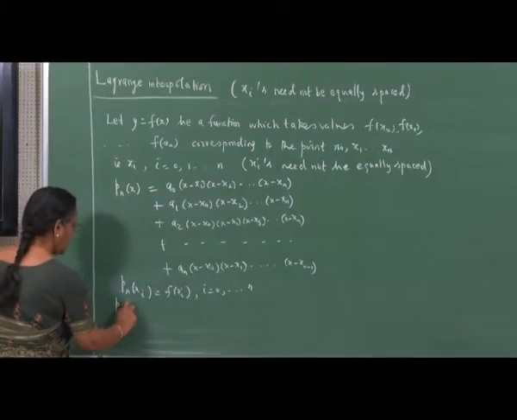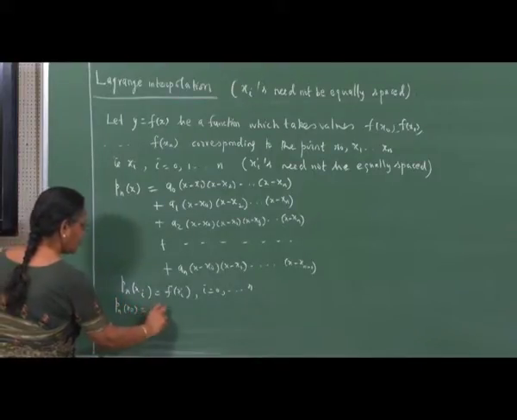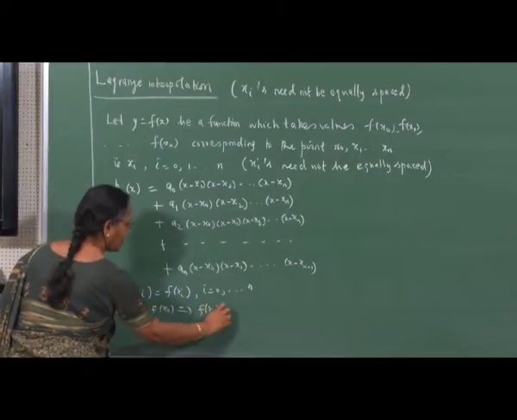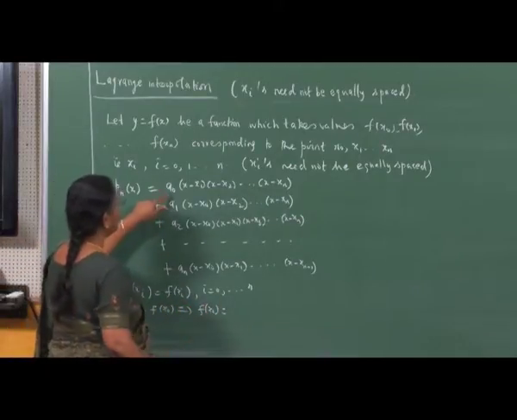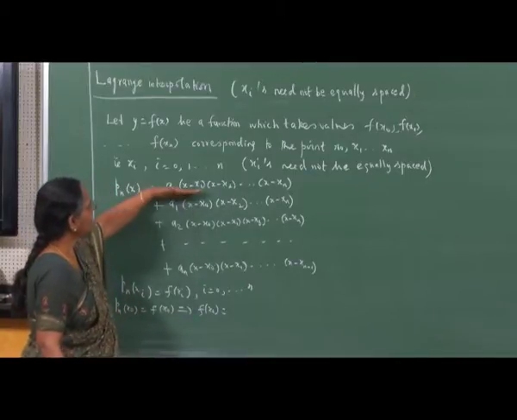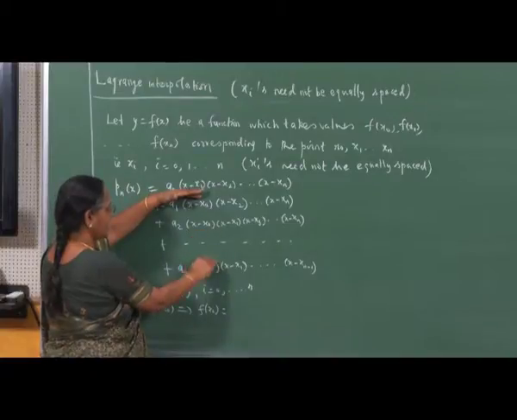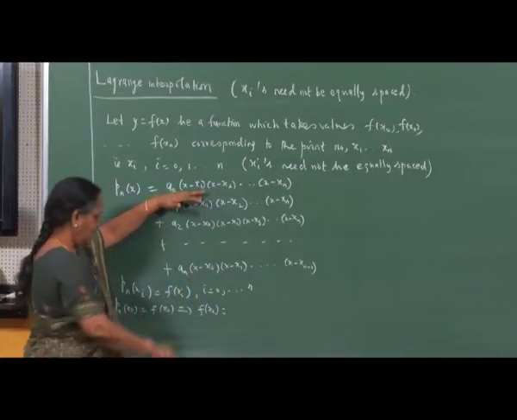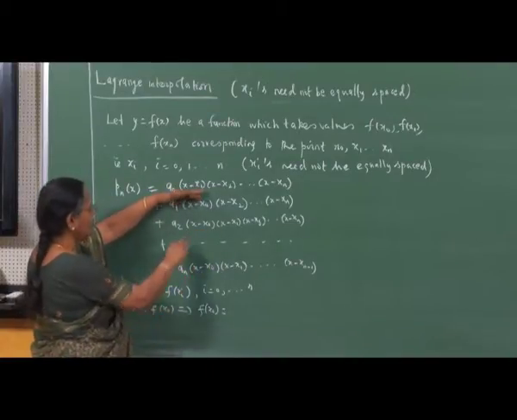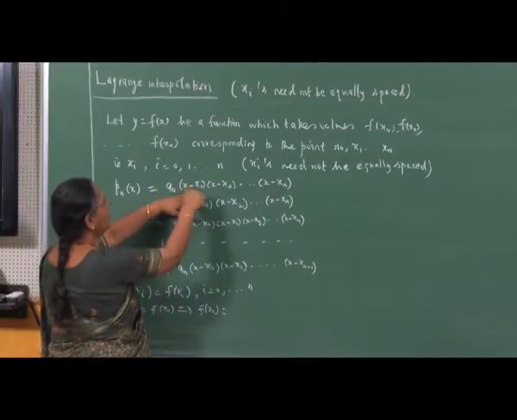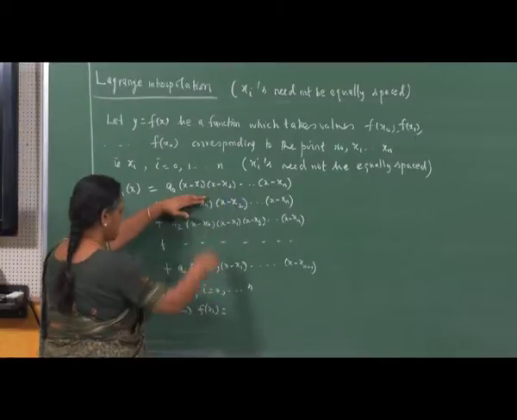So, I want p n of x naught to be f of x naught, which says f of x naught is equal to, I observe that all these terms have x minus x naught as a factor in them. So, when I evaluate at x is equal to x naught, all of them will not contribute. The only term that contributes is the first term.